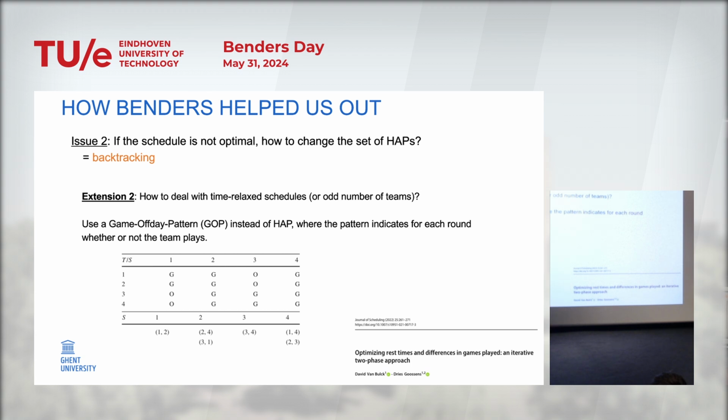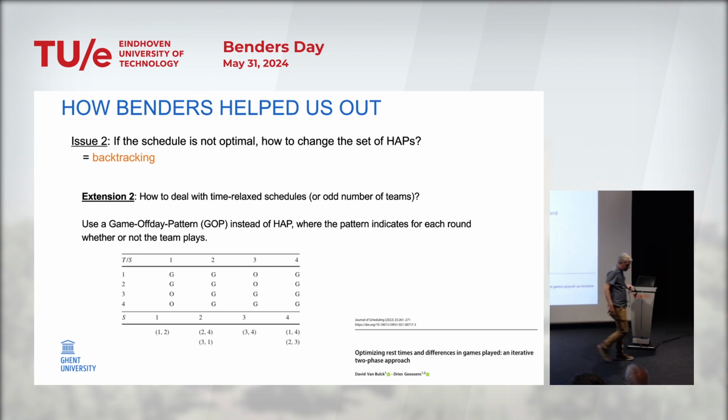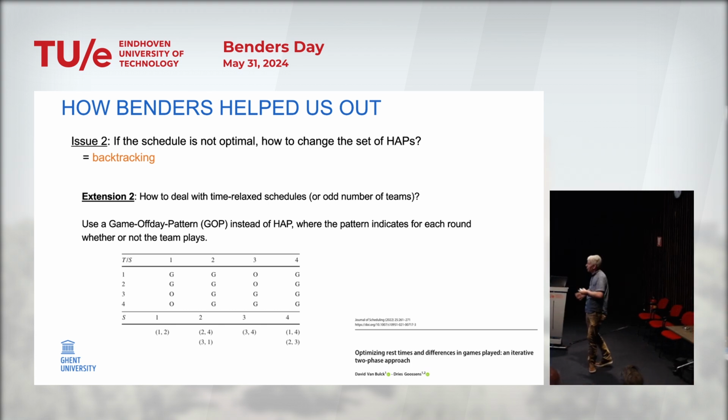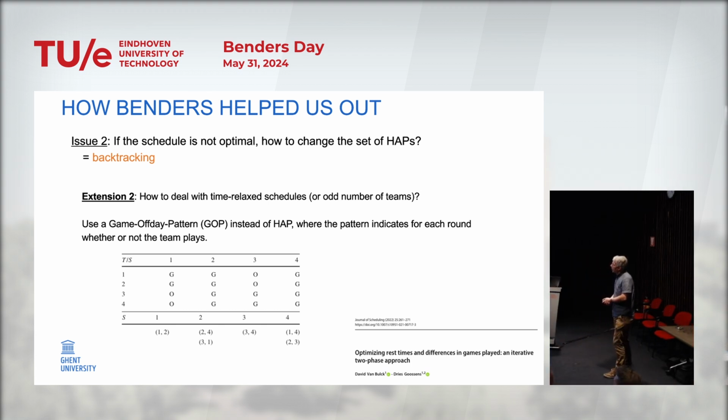So it could be that team 1 plays against 2 in the first round, and then plays against 3 in the second round, and then again against 4 in the final round. So replacing these HAP sets by these GOP sets helped to deal with the time-relaxed schedules, or also with a situation where your number of teams is odd.